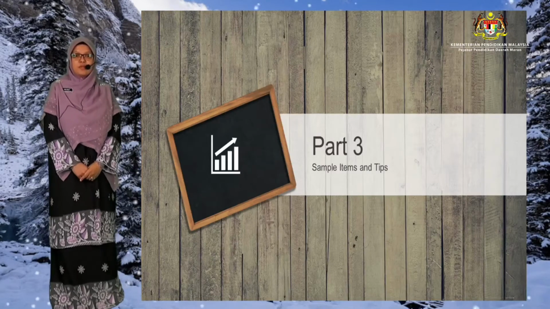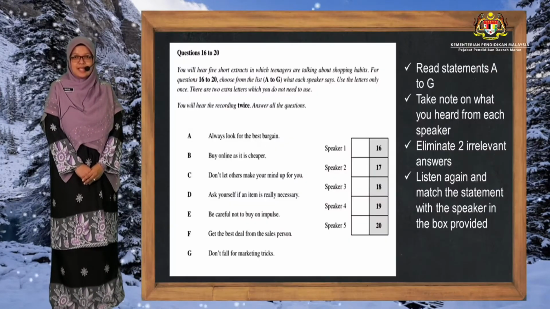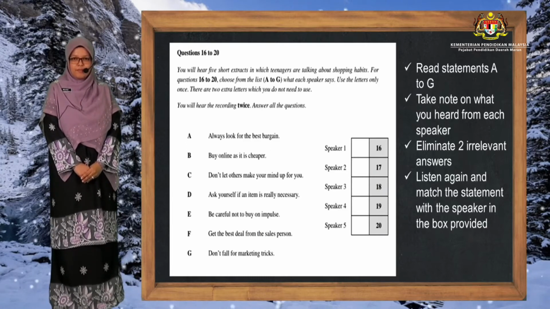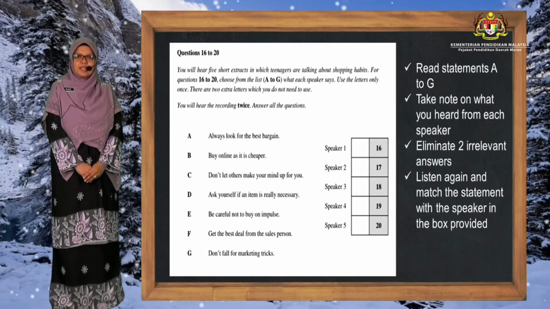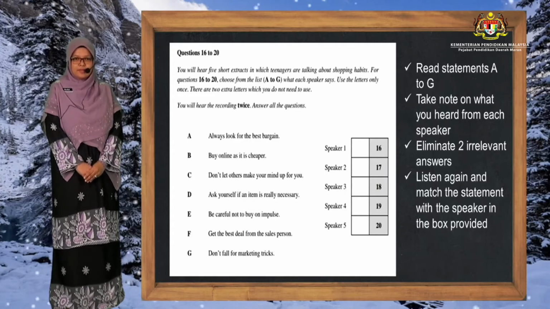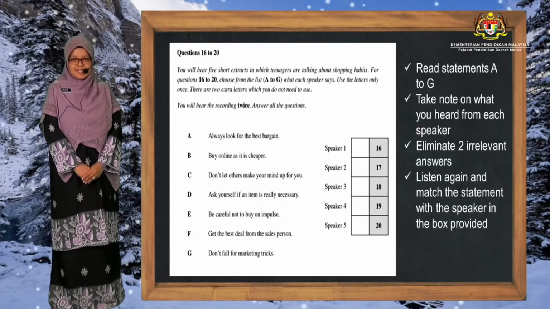Now we move to part 3. It consists of questions 16 to 20. For this part, you have to read statements A to G. There are 7 statements, but only 5 are considered the answer.